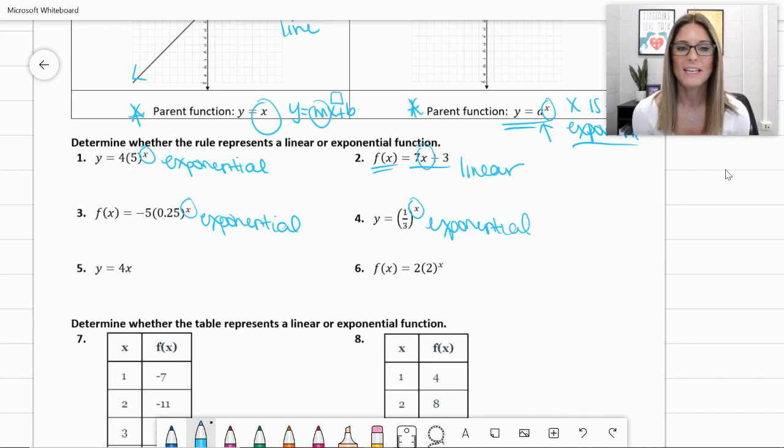Number five, y equals 4 times x. 4 times x. X does not have an exponent. There's nothing strange here. This is a linear function. We could graph that and it would be a line. Number six, f of x equals 2 times 2 raised to the x. You have an exponent there with an x, so this is exponential.